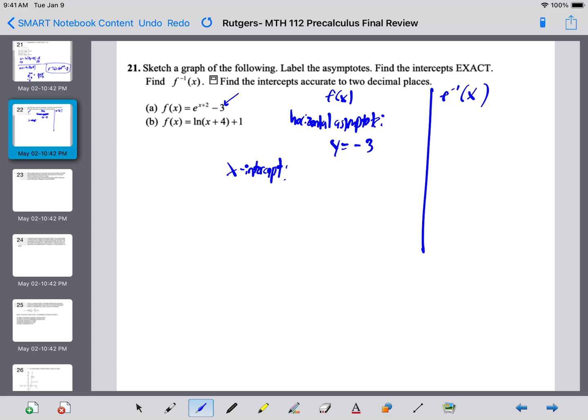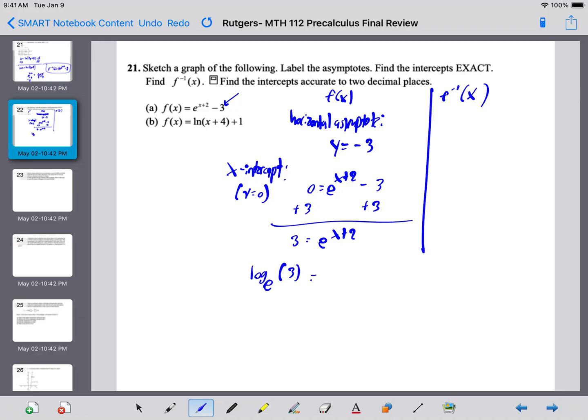An x-intercept is where y equals 0. So 0 equals e to the x plus 2 minus 3. Add 3. So 3 equals e to the x plus 2. I'm going to do logs. So log base e of your argument 3 equals x plus 2. Subtract 2. That's the same as saying x equals ln of 3 minus 2.